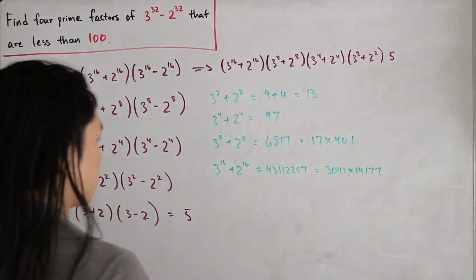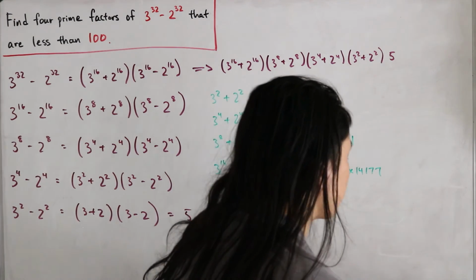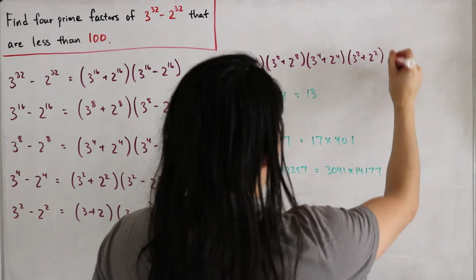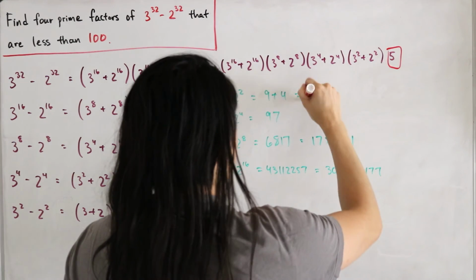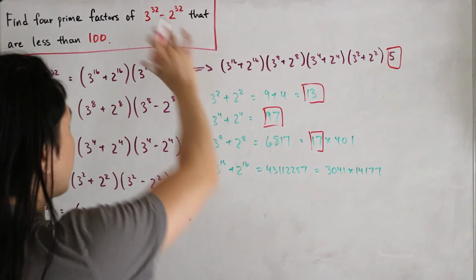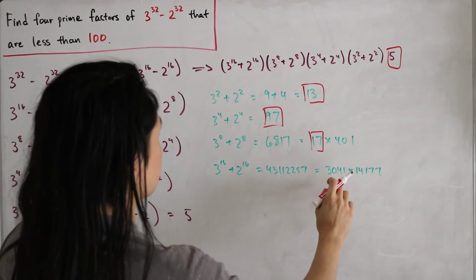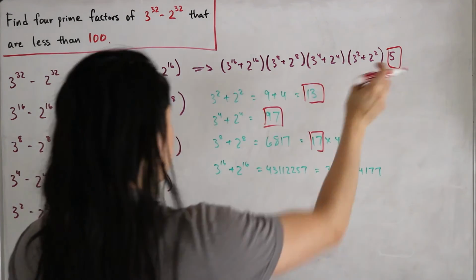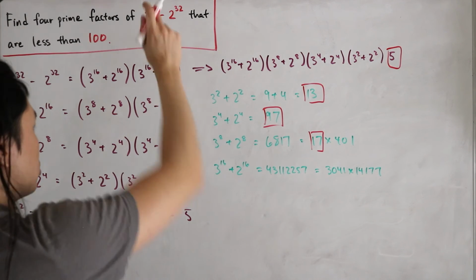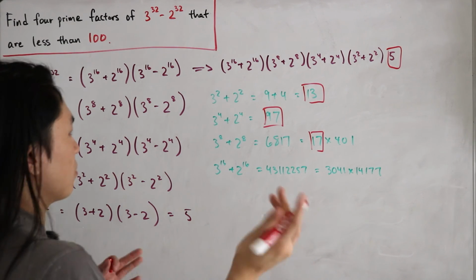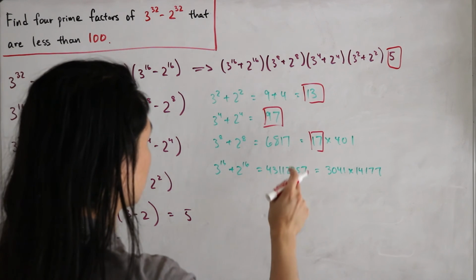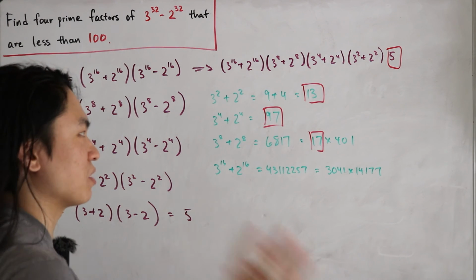So we can disregard those. Let me use the red for this. That means we found our 4 prime numbers that break this down. We have that 5 is one of them, 13 is one of them, 97, and then 17. So the prime factorization actually comes down to 7 prime factors.